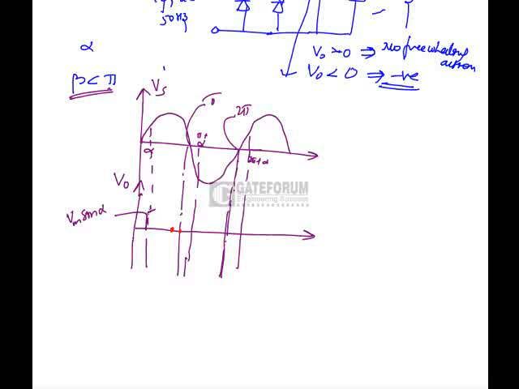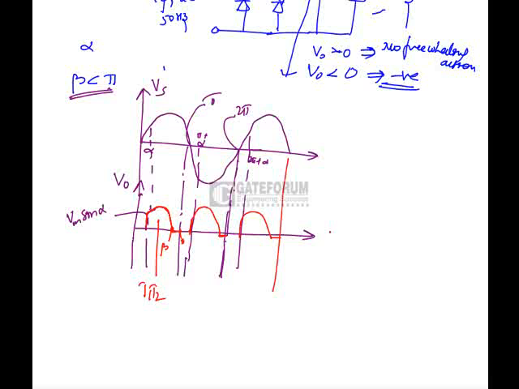Now this thyristor is going to be turned on only for this instant. This is T1 and T2. This value is beta and this one is pi. Similarly, in the negative half cycle also we will have conduction like this. So this is the output voltage waveform.